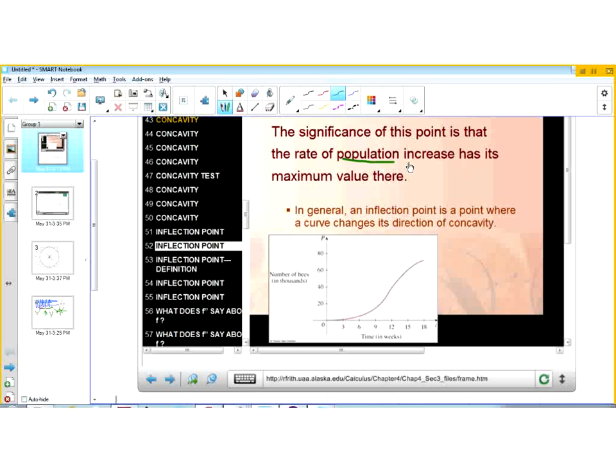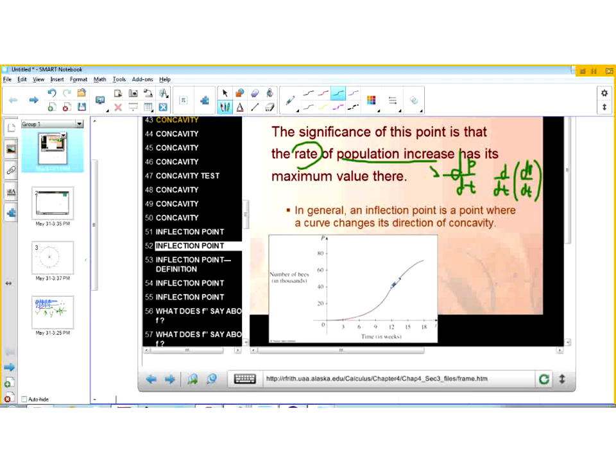Well, this term right here is your change in population with respect to time, just remember from chapter 3. Now the rate of population increase is the change of the population increase with respect to time. Remember the related rates section?